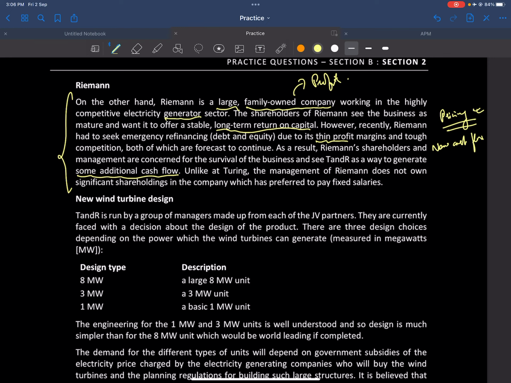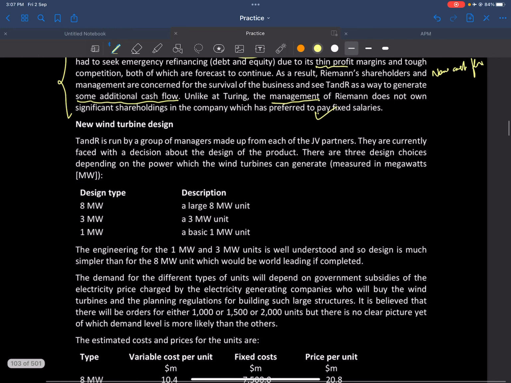Unlike Turing, the management does not own a significant shareholding, and may prefer fixed salaries. So management is on fixed salaries, so they are likely not so risk seeking in that regard.